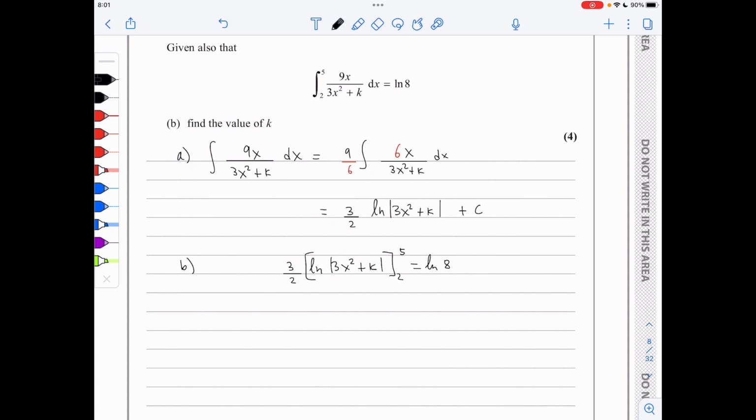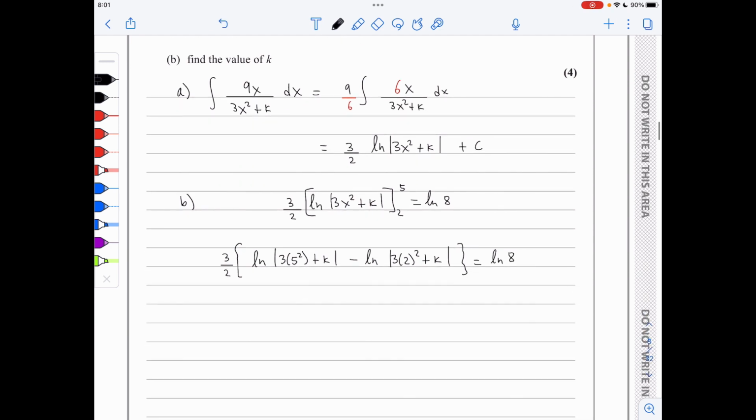So I will start by substituting the upper and the lower limits. The 3 over 2 is outside, and I've got ln of 3 times 5 squared plus k minus ln of 3 times 2 squared plus k, and this is equal to ln of 8.